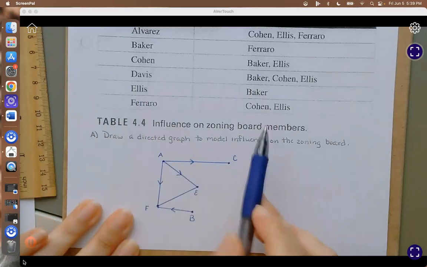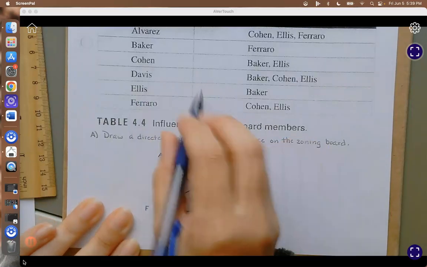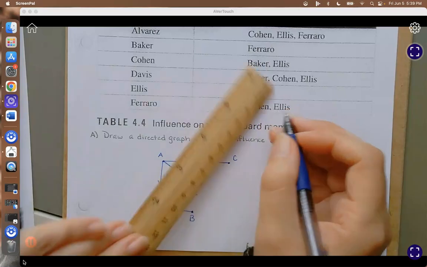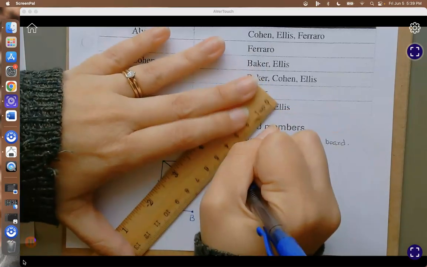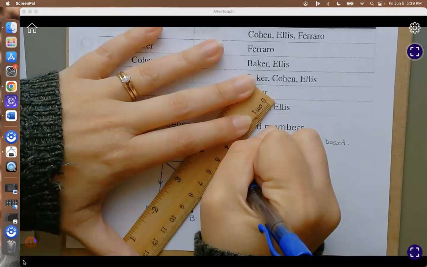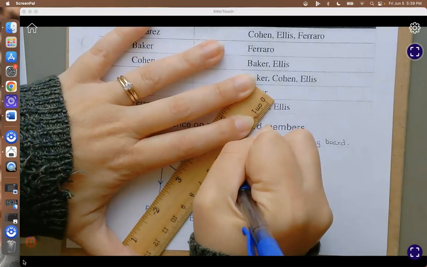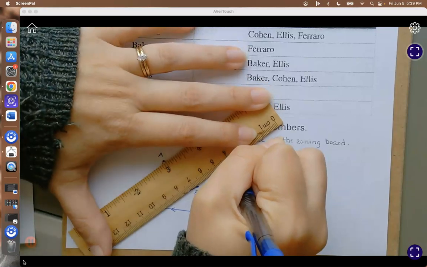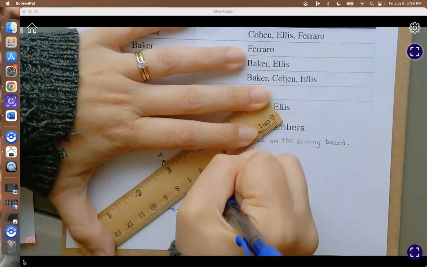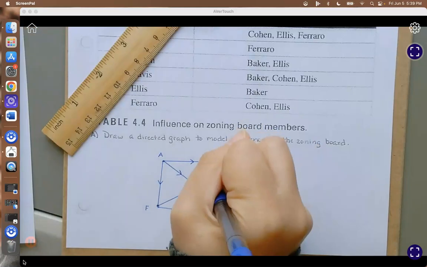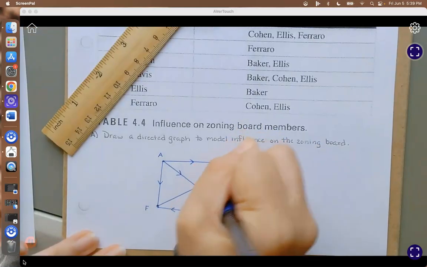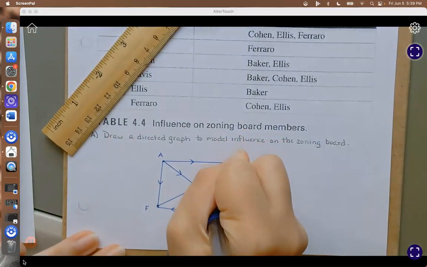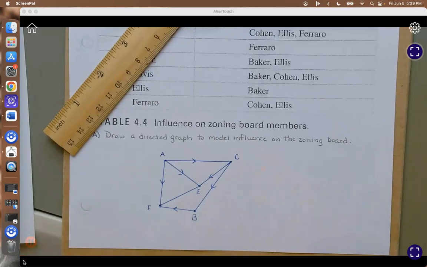Cohen has influence over Baker and Ellis. So Cohen has influence over Baker and Ellis.